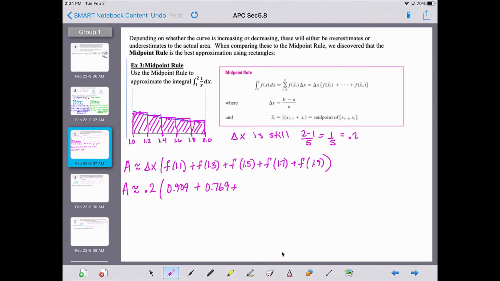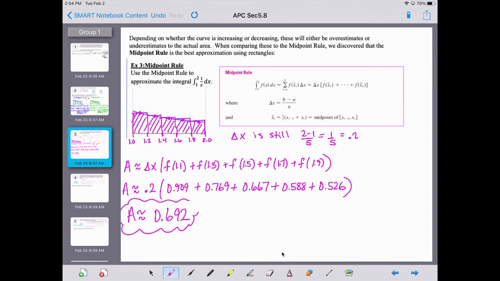F of 1.5 is 0.667. F of 1.7 is 0.588. And F of 1.9 is 0.526. Adding those together and multiplying by 0.2, we get an approximate area of 0.692, which, notice, is our best estimate so far.